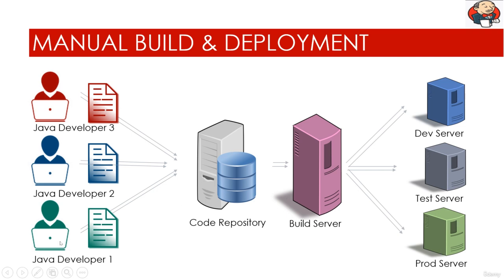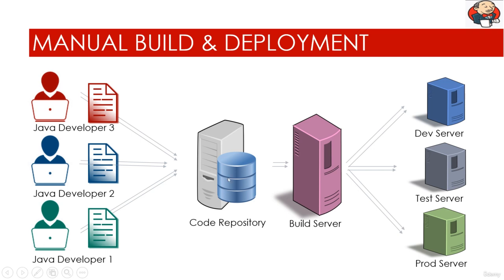For example, if developer one does some code changes, and at the same time someone does the build and deployment in dev or test, it will take a long time. Similarly, this is just a case of dev 1 to 3. What happens if there are 85 members or hundreds of members working on the same project?